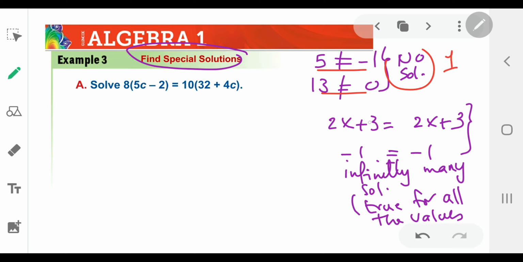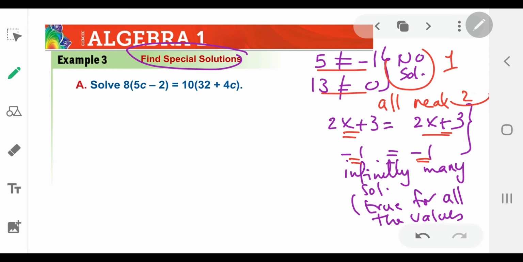Or you end up with two identical sides, exactly the same numbers on both sides, -1 and -1, 15 and 15, or 2x plus 3 is equal to 2x plus 3. In this case you say it has infinitely many solutions. It means all real numbers are solutions, and this is the second case.